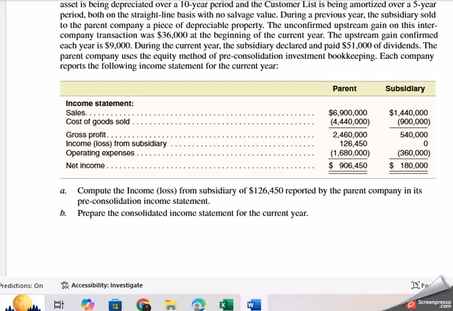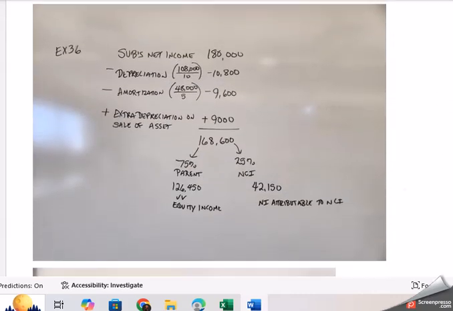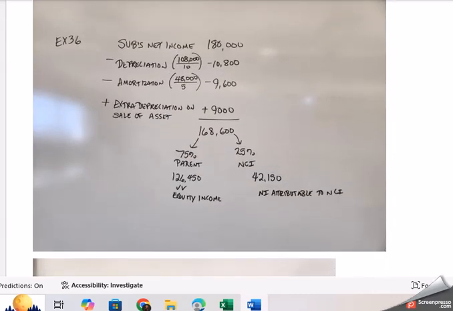So we want to figure out how we go from the $180,000 to the $126,400 and then prepare the consolidated income statement. So again, we start with our sub's net income of 180,000, calculate our depreciation and amortization on those acquisition accounting premium assets, subtract that out. Then here is our upstream additional depreciation.